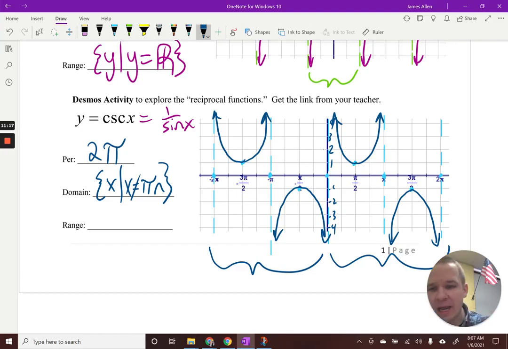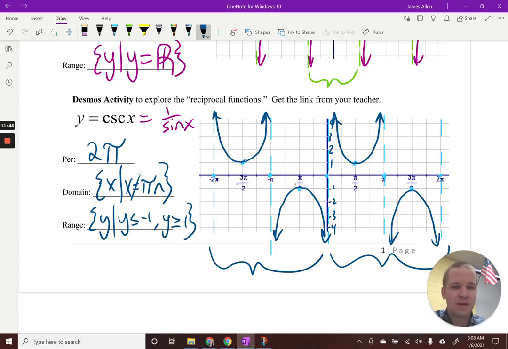Last thing will be my range here. So for my range, let's think about what's happening here. If I'm going to stay in set builder notation, I'm going to have y such that y is less than or equal to -1, or y is greater than or equal to +1.